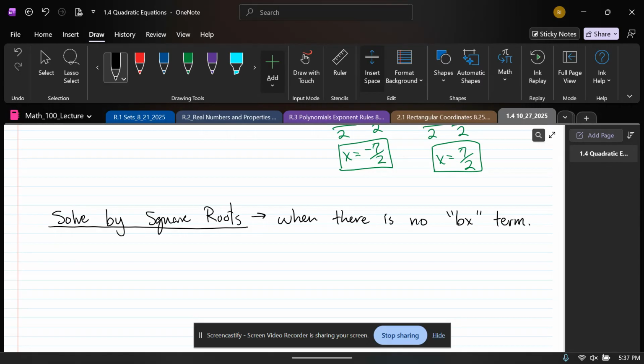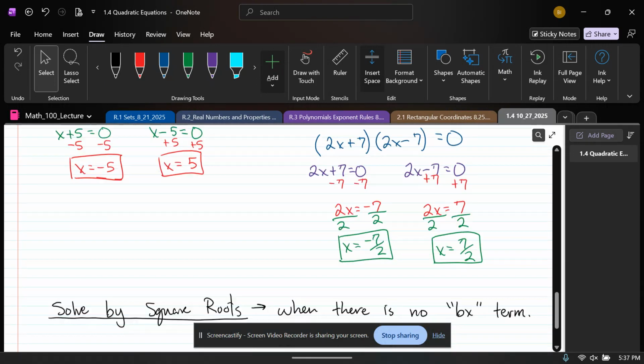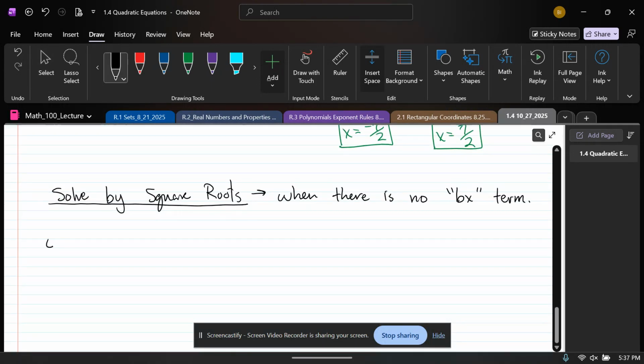So let's do, what letter are we on here? I. Example I. And let's say we had x squared minus 9 equals 0. So we're not going to factor this one. We're going to solve it by square roots, which is a little different than factoring, okay?